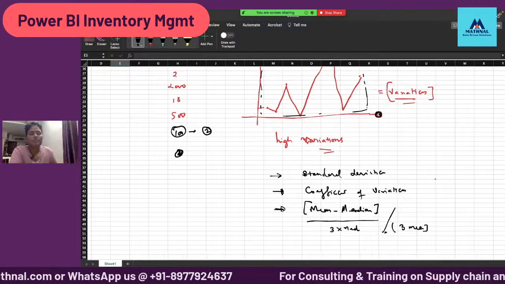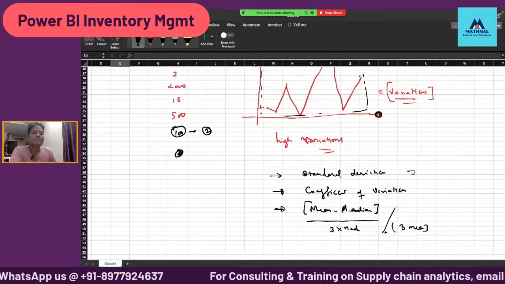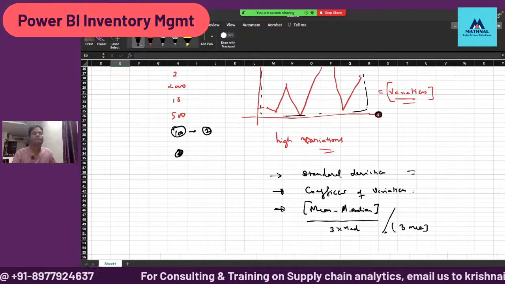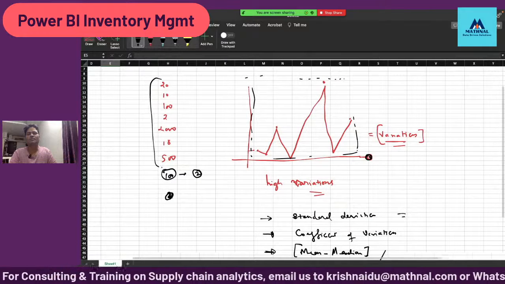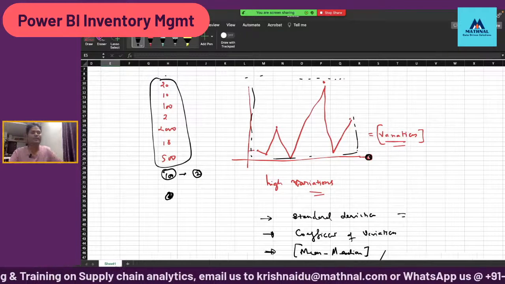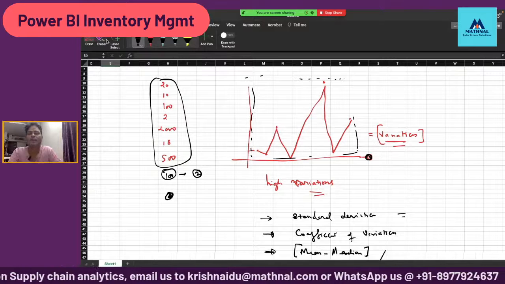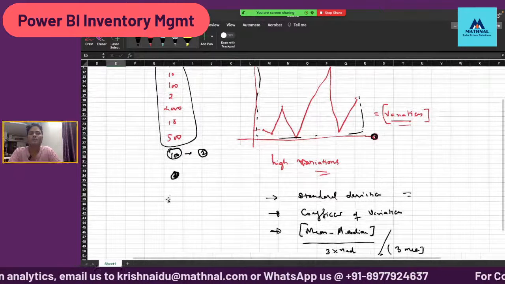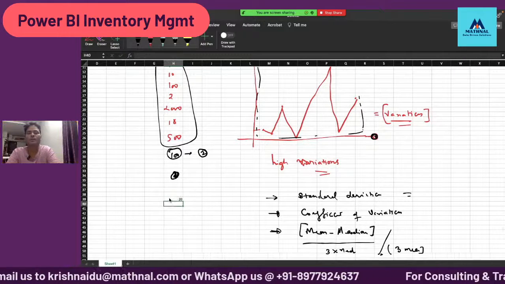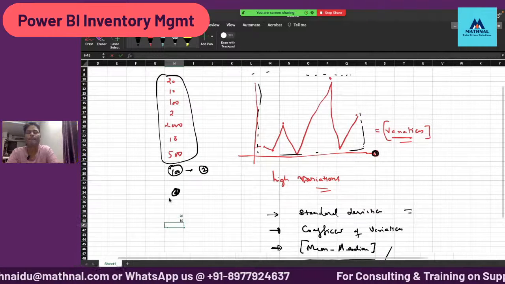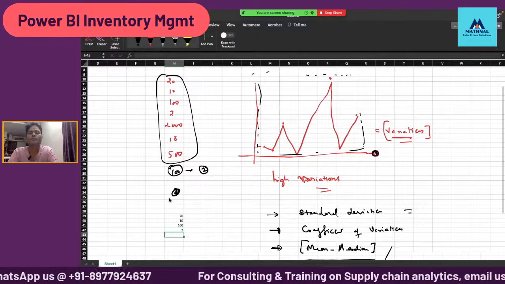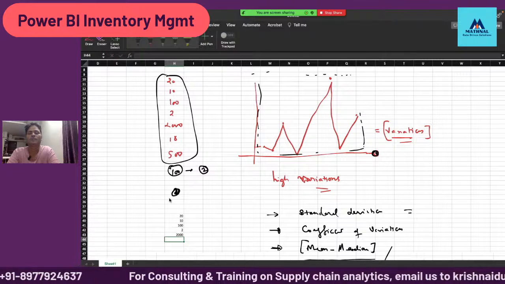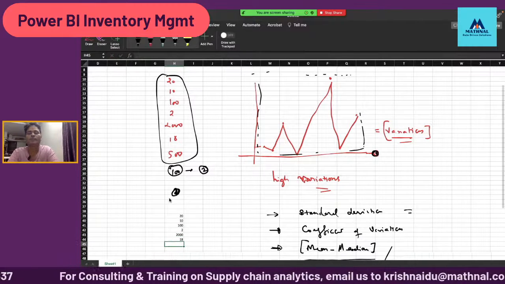Let's see what standard deviation is. Standard deviation is a measure of variation. Let me find the standard deviation of this data in Excel. Let's say 20, 10, 100, 2, 2000, 18, then 500.